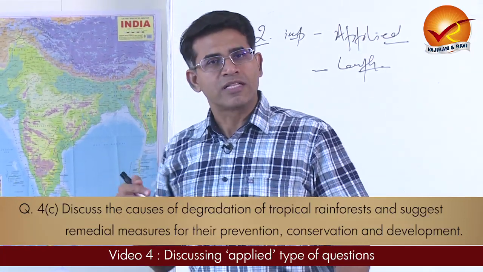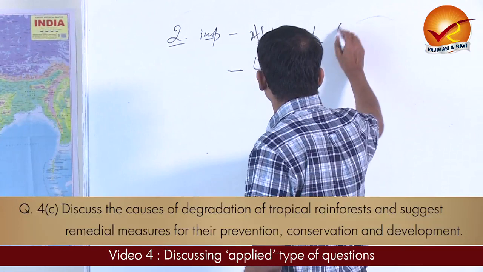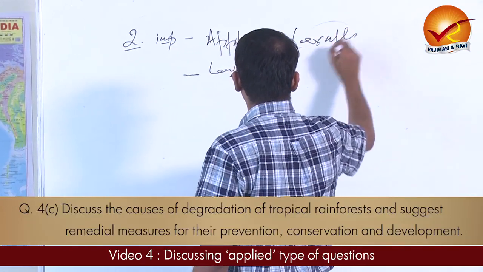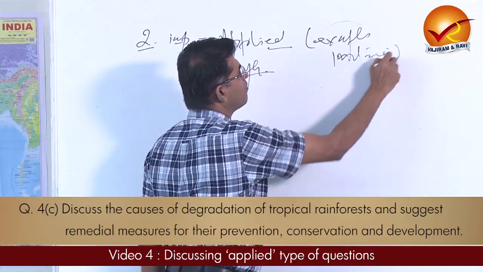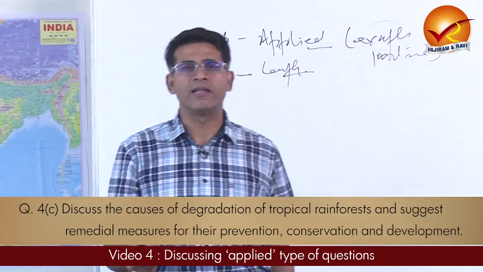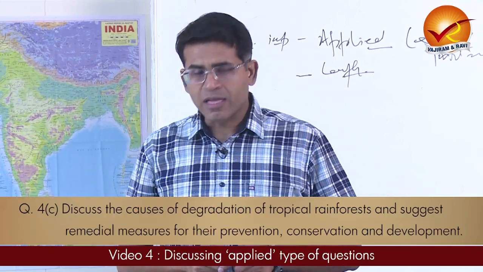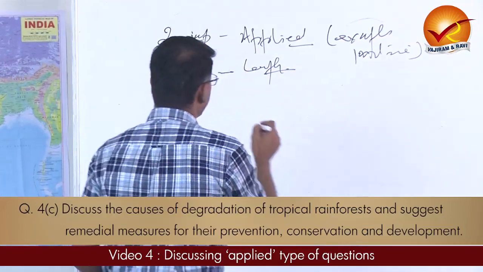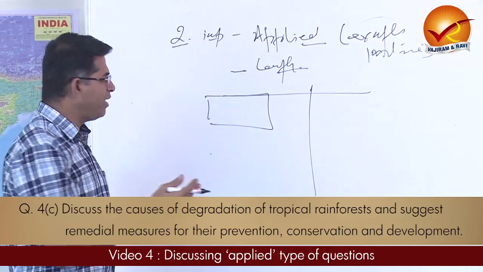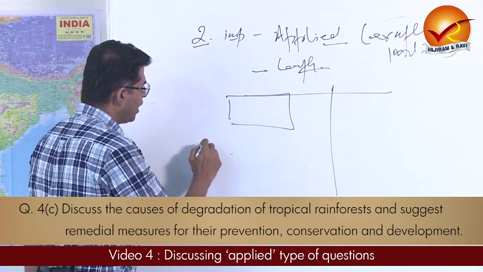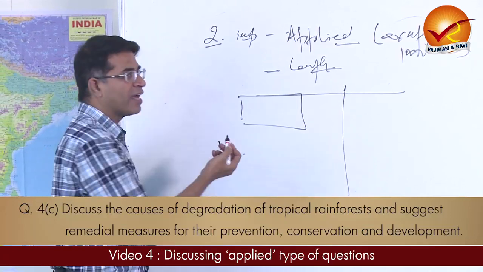And to discuss this, you need examples or instances, without which you will not be able to argue your point credibly. The causes of deforestation should be one part, and ideally, I'd suggest for this question, let it not be more than 1/3 of the answer.